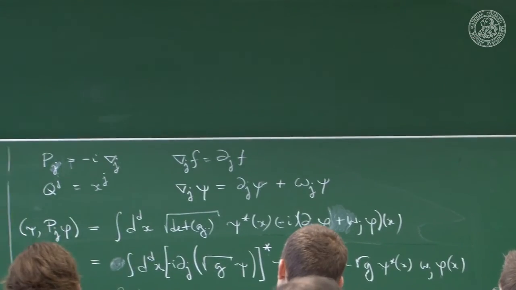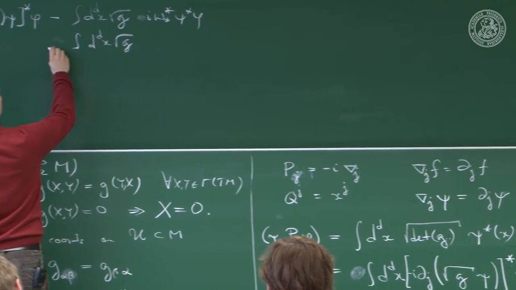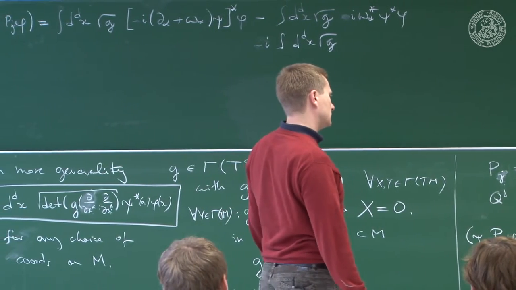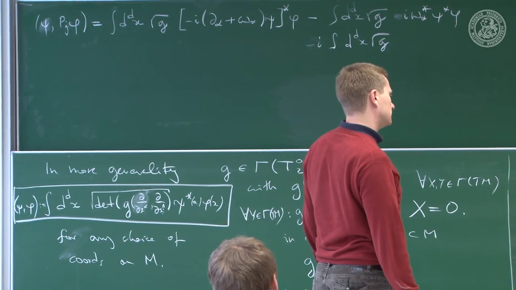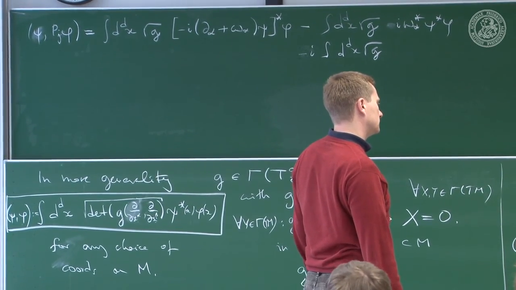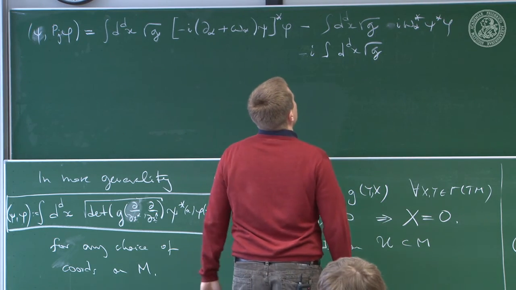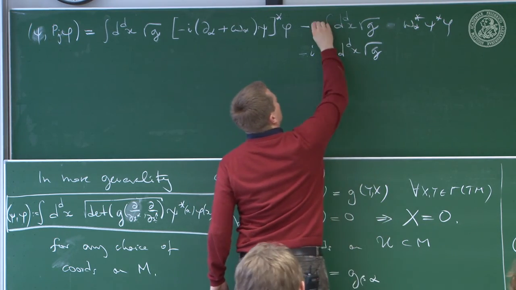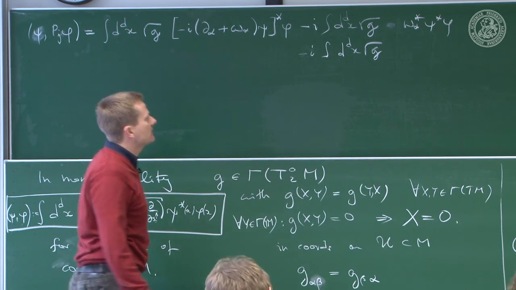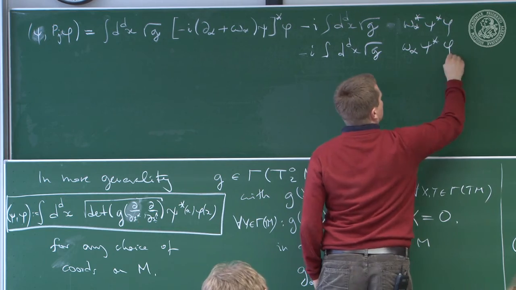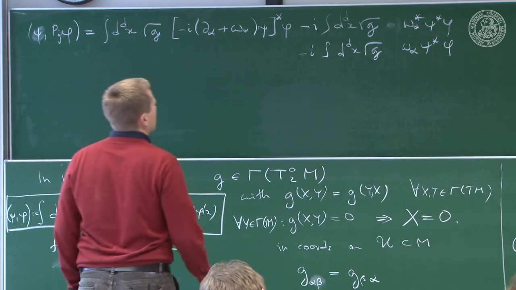So that's a minus i. Is that correct? Yeah, that's right. So there's the i from here that goes here, one half times. Exactly, thank you. Okay, so omega alpha psi star phi. That's right, that's this term.